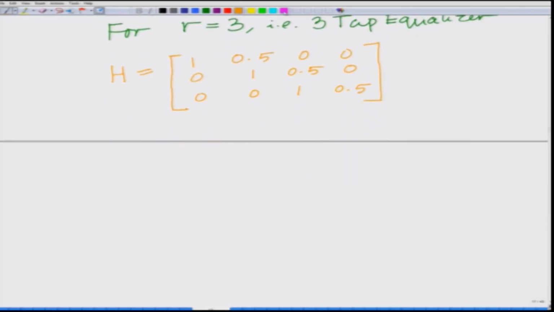Now, remember the projection matrix of H transpose is key to evaluating the approximation error.